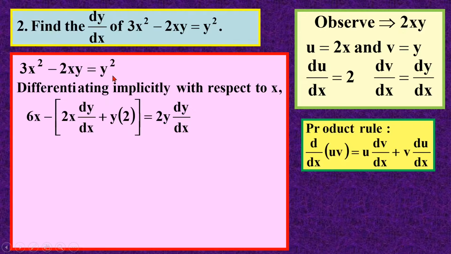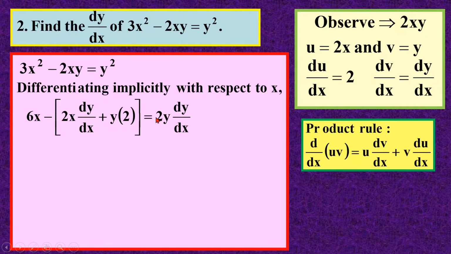Then I will differentiate the last term, which is equals to y squared. Differentiating y squared, the index will come to the front. So I have 2y. Index minus 1, that's why my y is power of 1.